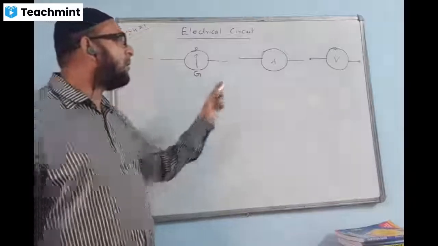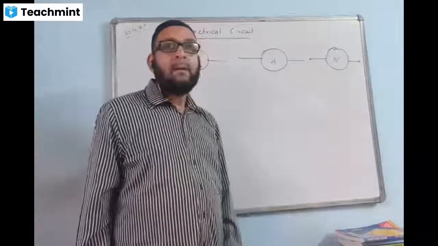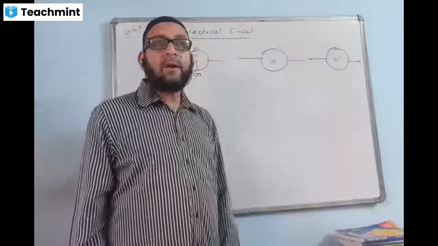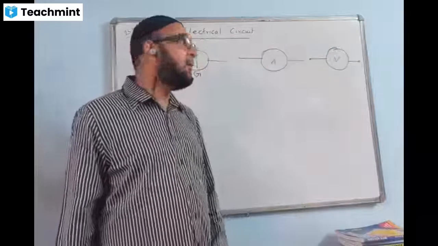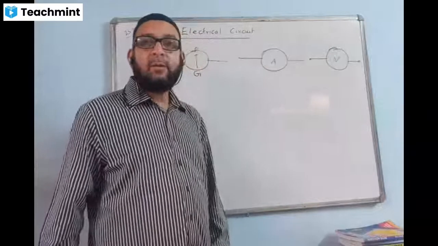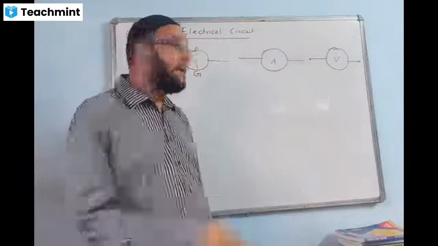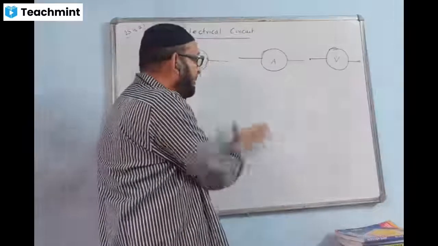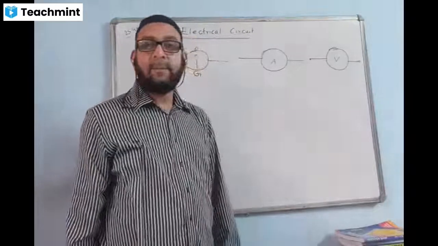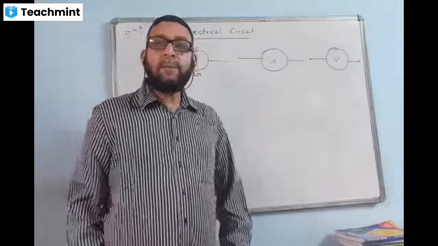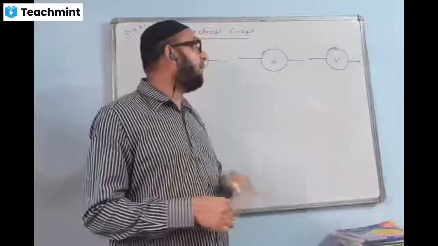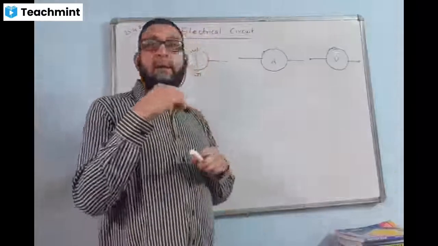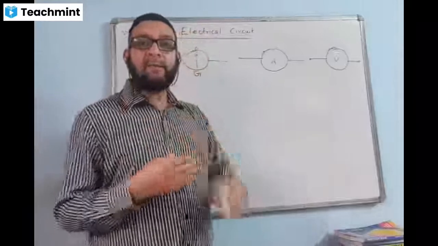Okay, now about the voltmeter. Voltmeter does not have to measure current, it has to measure voltage. So it should always be connected in parallel, because in parallel the voltage remains the same across the ends. A voltmeter should have high resistance, as high as possible.